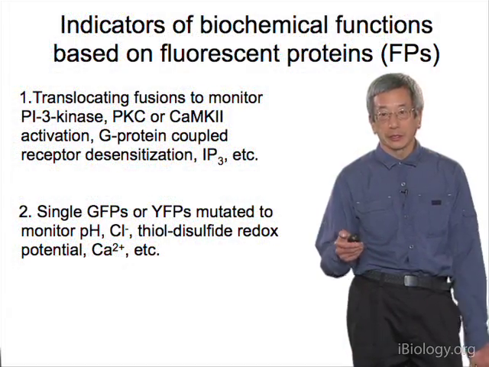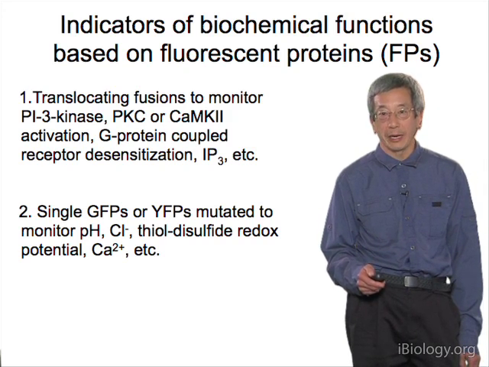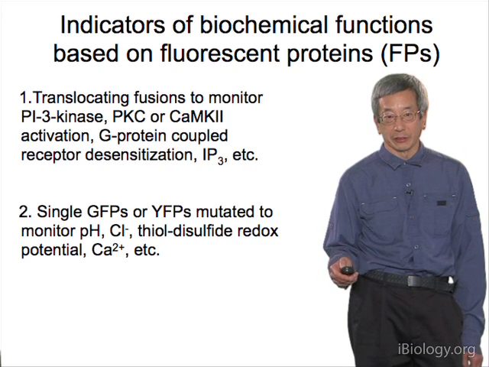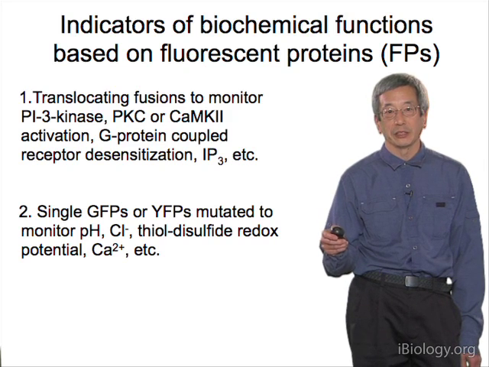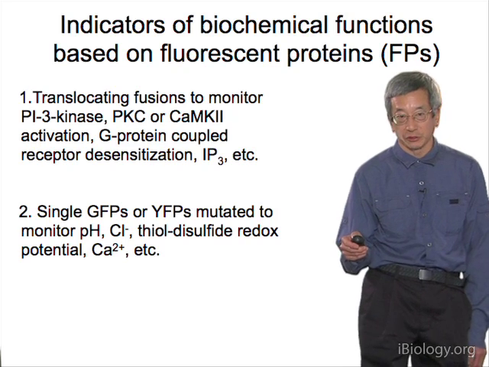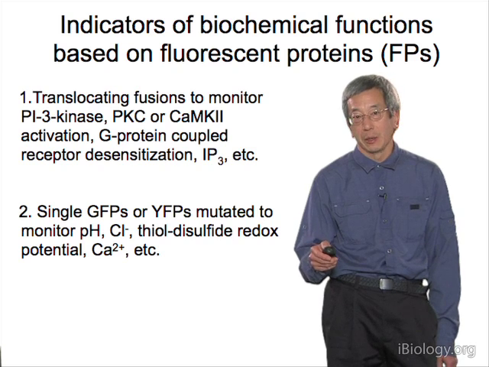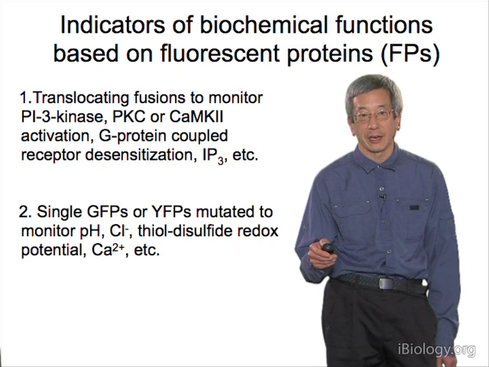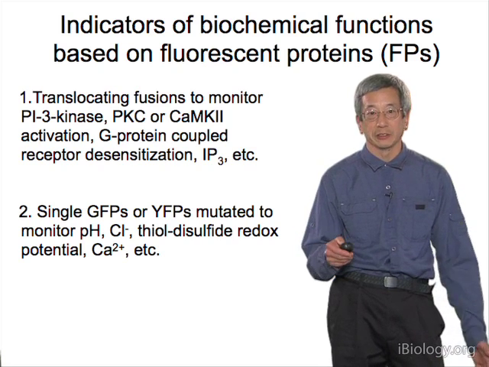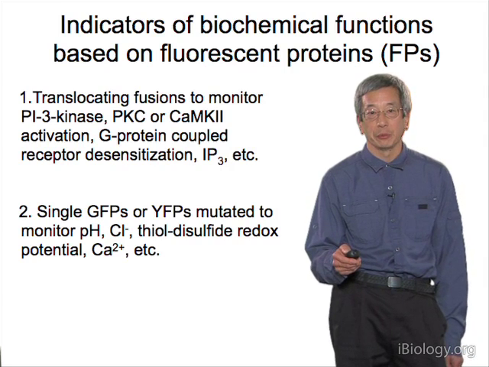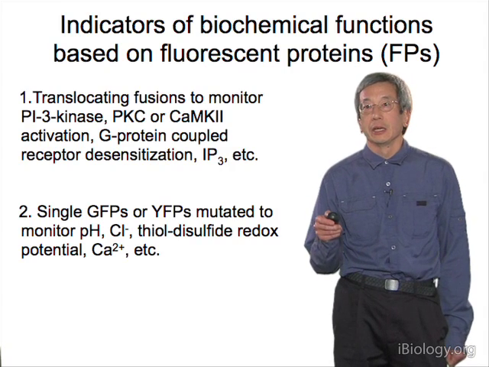So basically there are four major classifications of how these indicators have been made. And the first two are listed here. The first and simplest class in some ways are the translocating fusions, in which, in order to monitor the activity of enzymes such as PI3 kinase, that's phosphatidylinositol 3 kinase, or protein kinase C, calmodulin kinase type 2, etc., G protein coupled receptor desensitization.